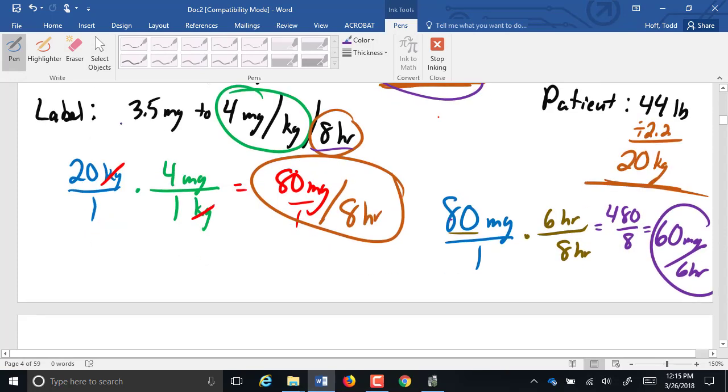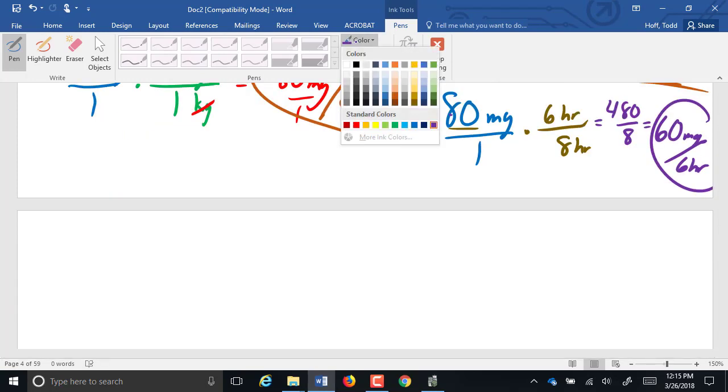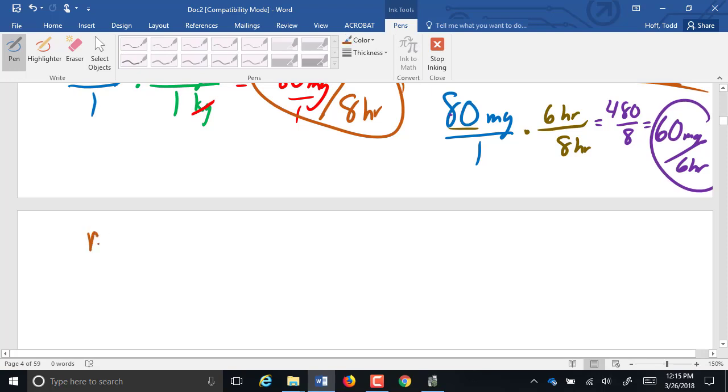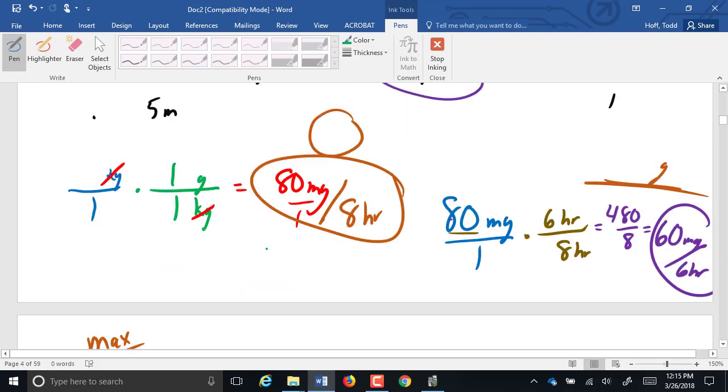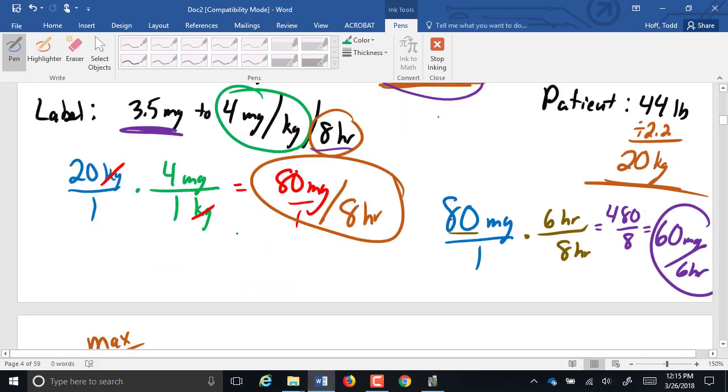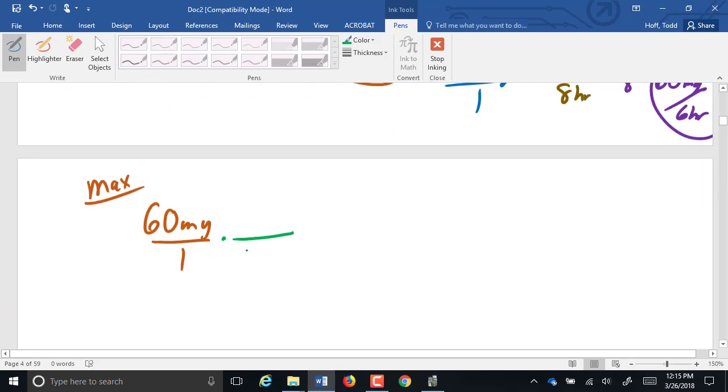Now we can go ahead back to that minimum of 3.5 milligrams. If our max dose is 60 milligrams in that 6-hour period, notice again, we don't use the 6 hours in our titration. That was for that max dose of 4 milligrams per kilogram. Let's do that down to the 3.5.